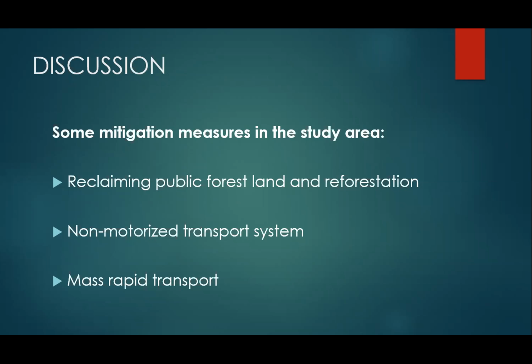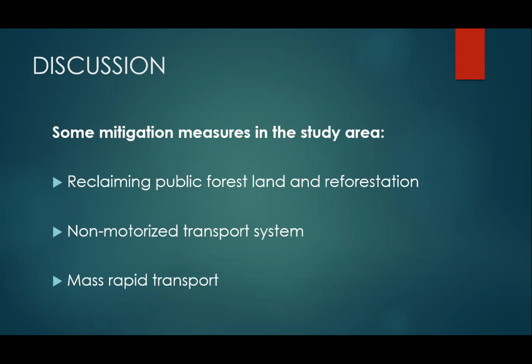Of course, there's also the non-motorized transport system. In this case, the government is constructing walk paths and cycling paths for the residents of the study area. This is to decongest the city.